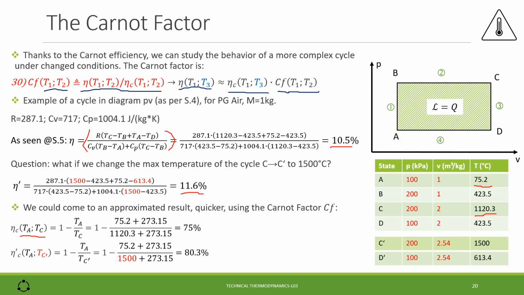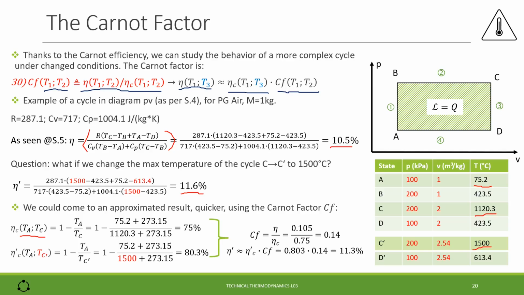Then we calculate the efficiency of the Carnot cycle in the changed conditions, when the maximum temperature is 1500, and we come to an efficiency of 80.3%. The Carnot factor is the ratio between the efficiency of the cycle, calculated above, 10.5%, and the corresponding Carnot efficiency, 75%: 0.14.